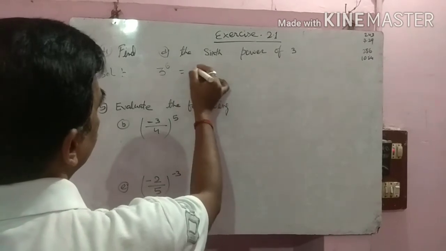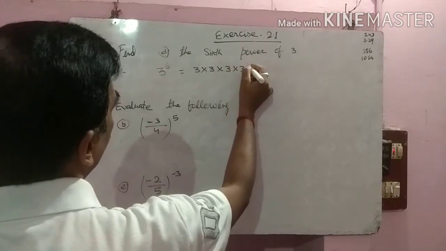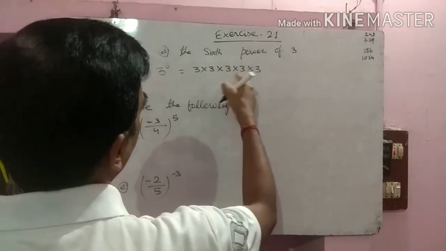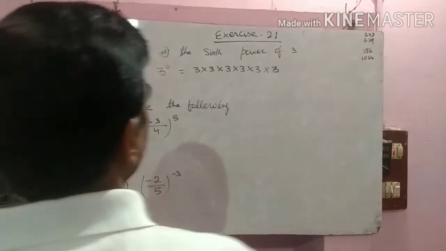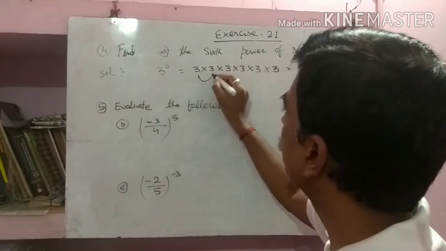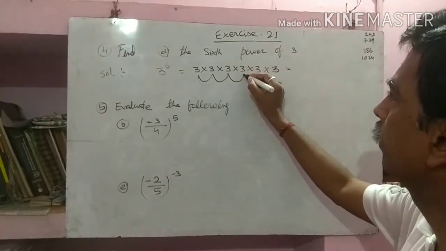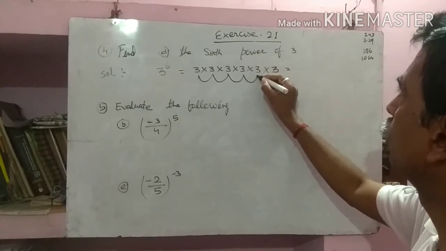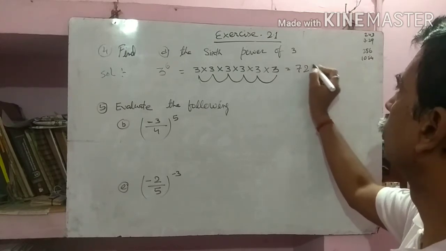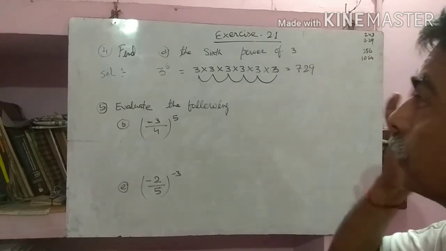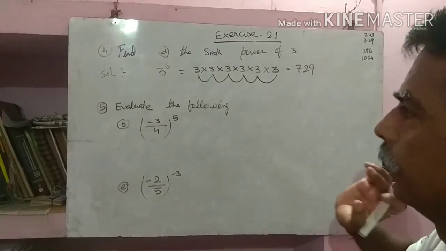It means this is 3 into 3 into 3 into 3 into 3, 1, 2, 3, 4, 5 and 6, is equal to 3 3s are 9, 9 3s are 27, 27 3s are 81, 81 3s are 243, 243 3s are 729. Okay. So the result will be the sixth power of 3 is equal to 729.